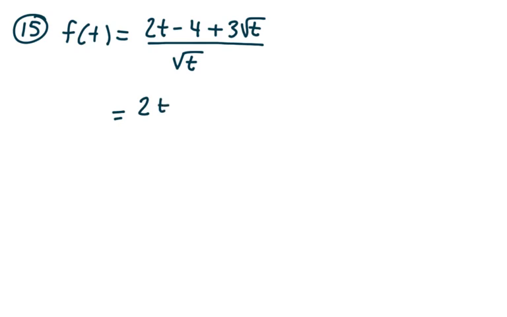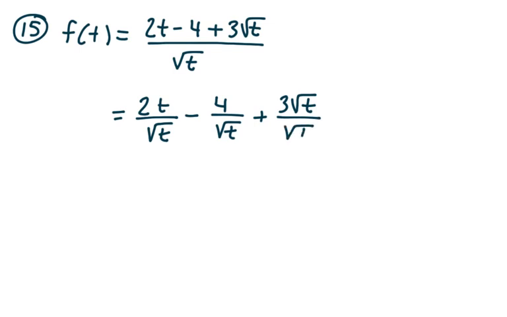So this is 2t divided by the square root of t minus 4 over the square root of t plus 3 square root of t divided by the square root of t. And if I go to simplify this, I get 2 square root of t minus, I'll leave this as 4 over t to the 1/2 plus 3.